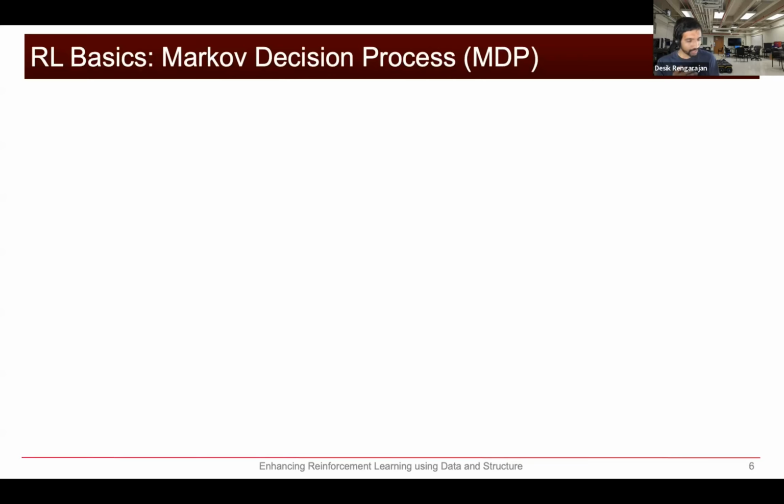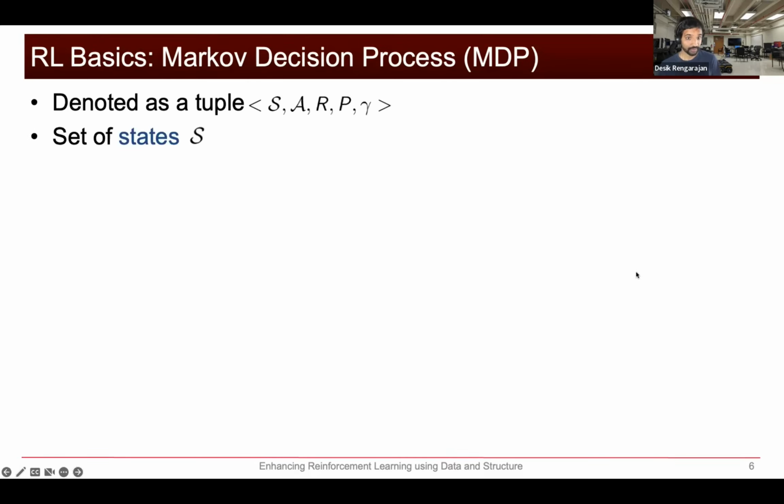So before I move on, I'd like to start off with some reinforcement learning basics, and that starts off with modeling reinforcement learning using something known as the Markov decision process. A Markov decision process is denoted by a tuple where script S denotes the set of states, the states which your agent can be in, and script A denotes the set of actions that the agent can take.